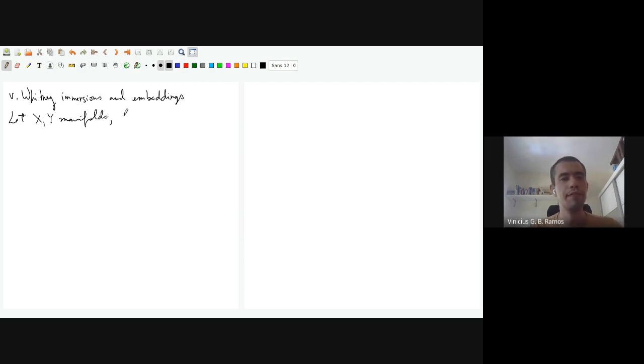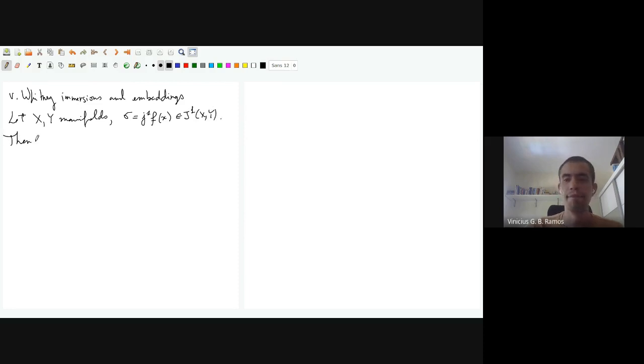If you have a one jet, which I can write as J1 of some function at some point P of X, so this is a one jet.